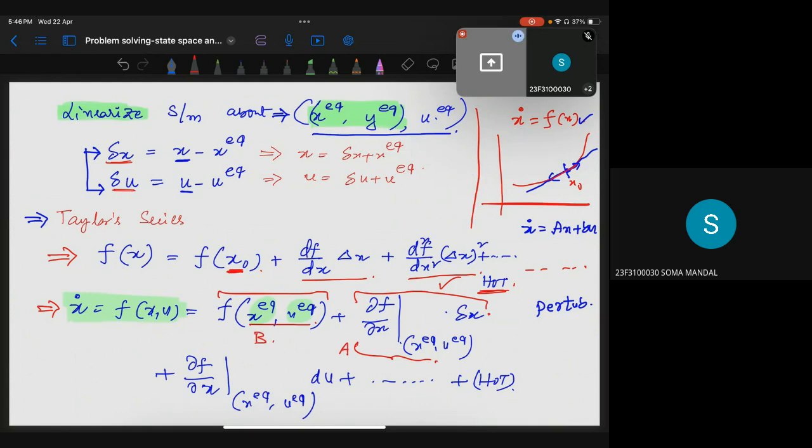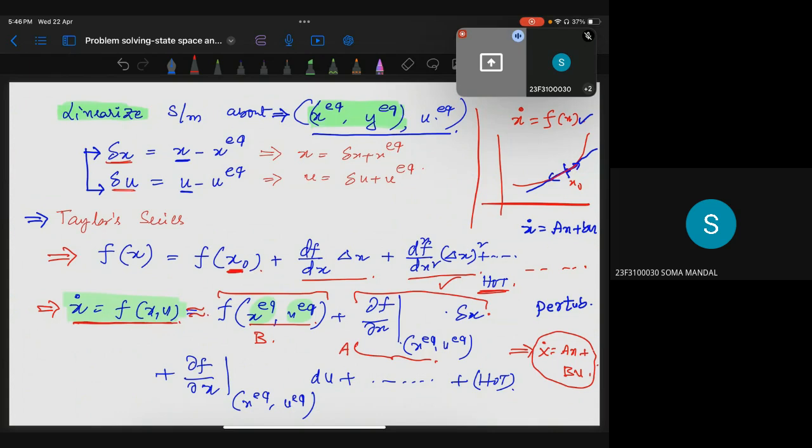So ultimately this becomes x dot is equal to ax plus bu, which is almost equivalent to the original expression.